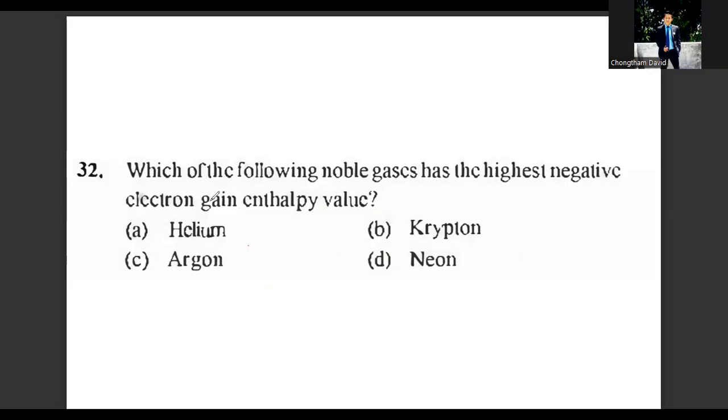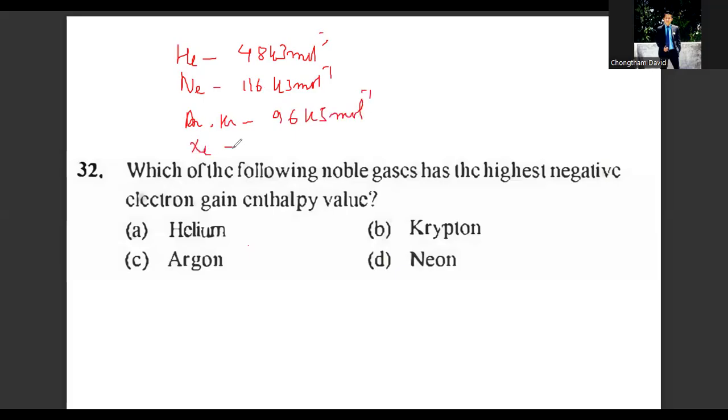The values I can provide here: helium, 48 kilojoule per mole; neon, approximately 116 kilojoule per mole; argon; krypton, nearly 96 kilojoule per mole; and xenon, approximately 77 kilojoule per mole.